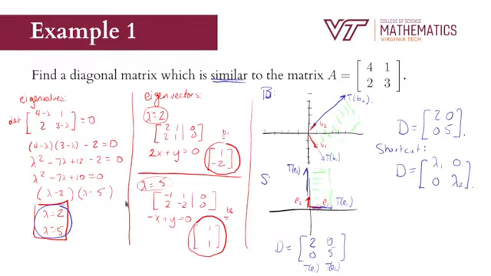And so your question might be, what if I had factored this into (lambda minus 5)(lambda minus 2), instead of (lambda minus 2)(lambda minus 5)? What about this matrix, [5, 0; 0, 2]? Well, that answer is also correct.